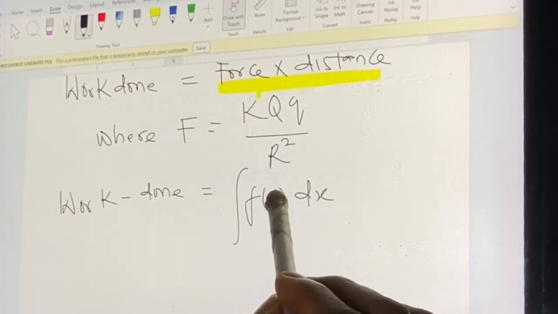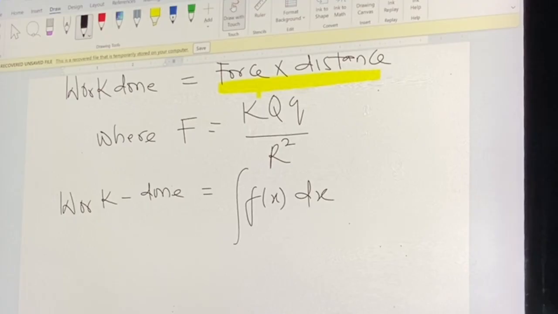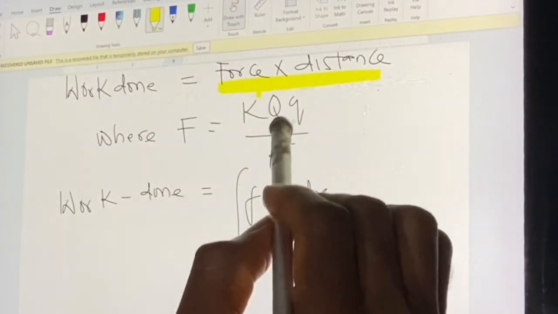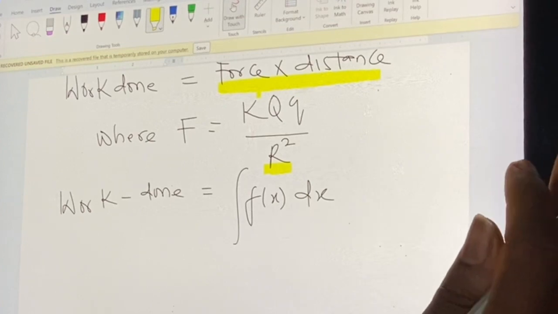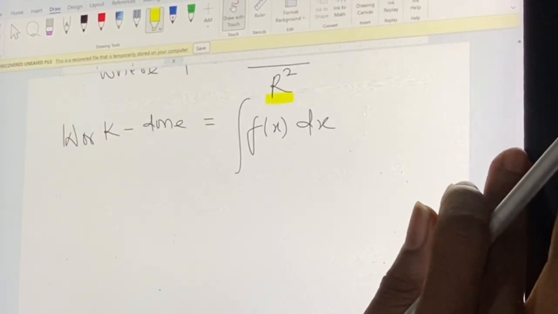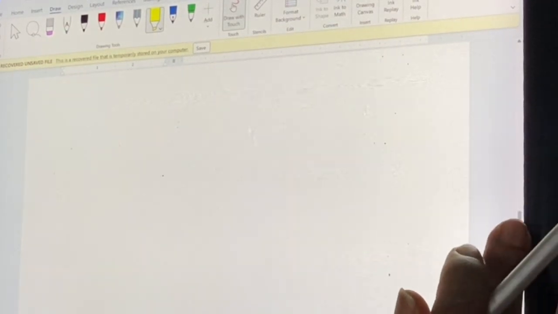So if the distance is s, it will be f of s ds. At this point the distance here is r, so we use f of r dr. Please take note.